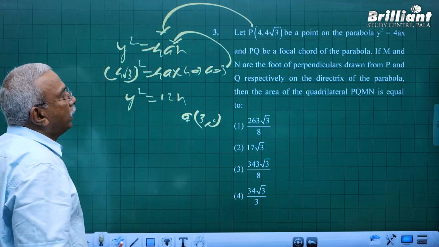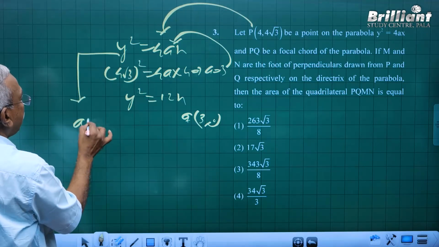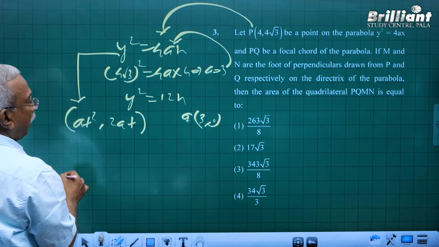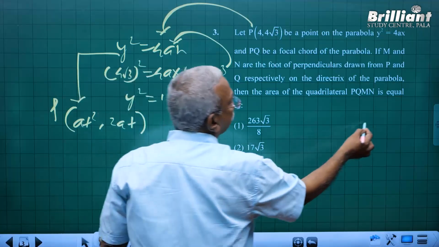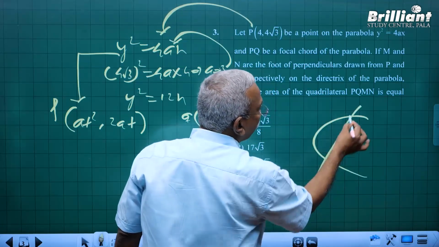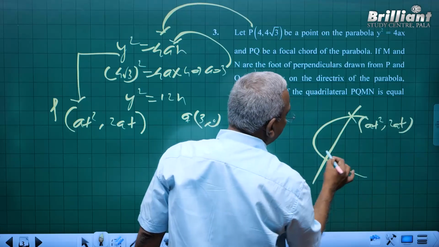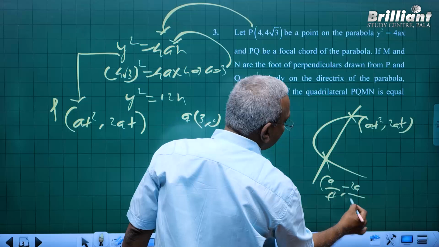Okay. Now any point on this curve is of the form a t square, 2at. And if it is P, then you know for a parabola, with a focal chord, P is a t square, 2at. Then Q is a by t square, minus 2a by t.